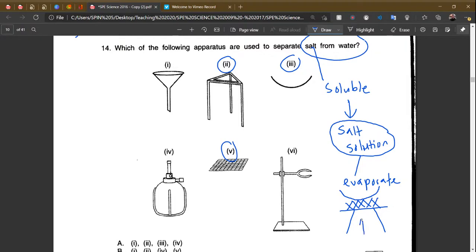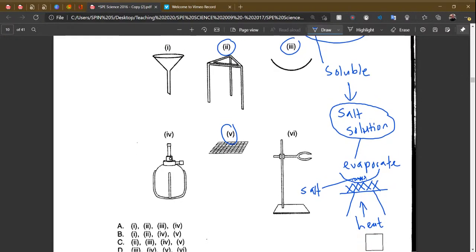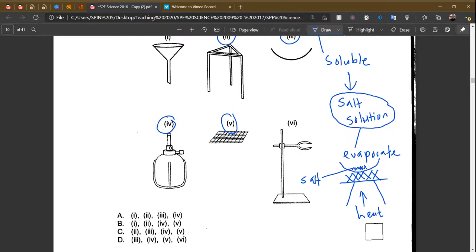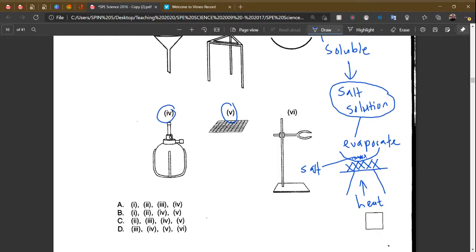And once you add heat, all the salt solution will start to be heated up and all the water will evaporate and you can get the salt back. And therefore the answer is 2, 3, and 5. Okay, there's more. I forgot about the Bunsen burner. So the choice is 2, 3, 4, and 5.